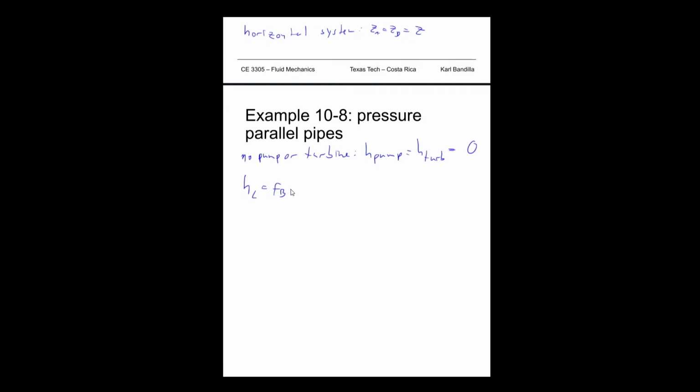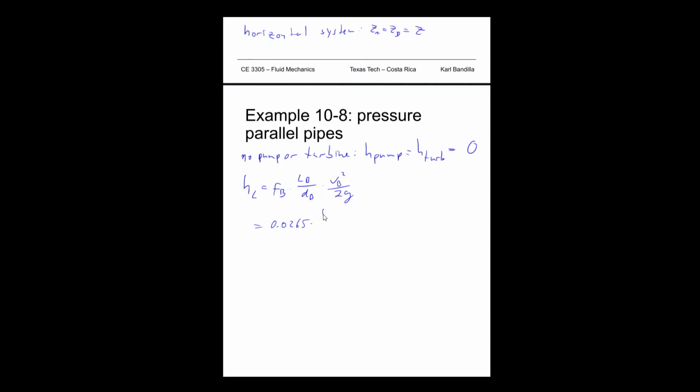So we have FB times LB over DB times VB squared over 2G. That is equal to the 0.0265 that we found on the Moody diagram.